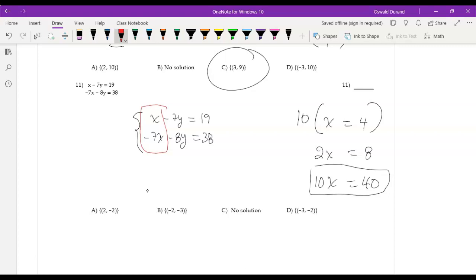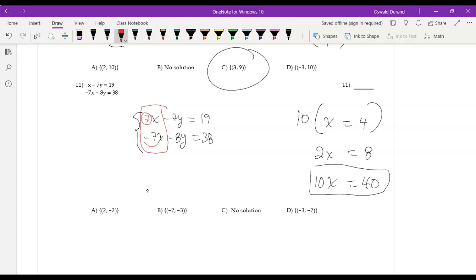But I can multiply the first equation by a value where the value in front of the x will be the opposite of negative 7. So I need this to be what? Positive 7 here. So therefore, all I have to do is multiply the whole equation by 7, make it equivalent, and then I can add the two equations vertically. Okay?